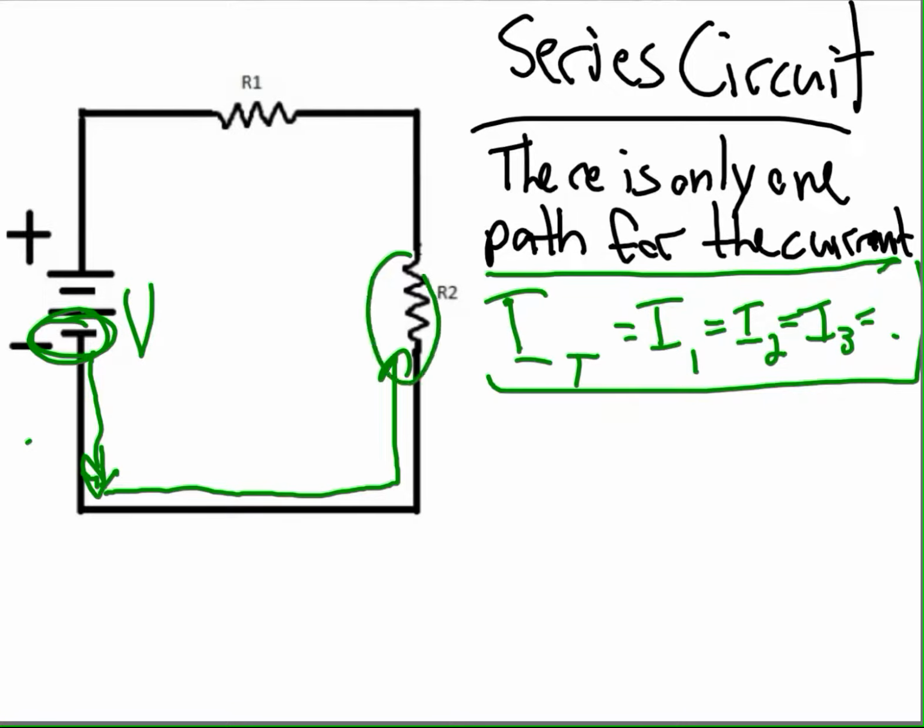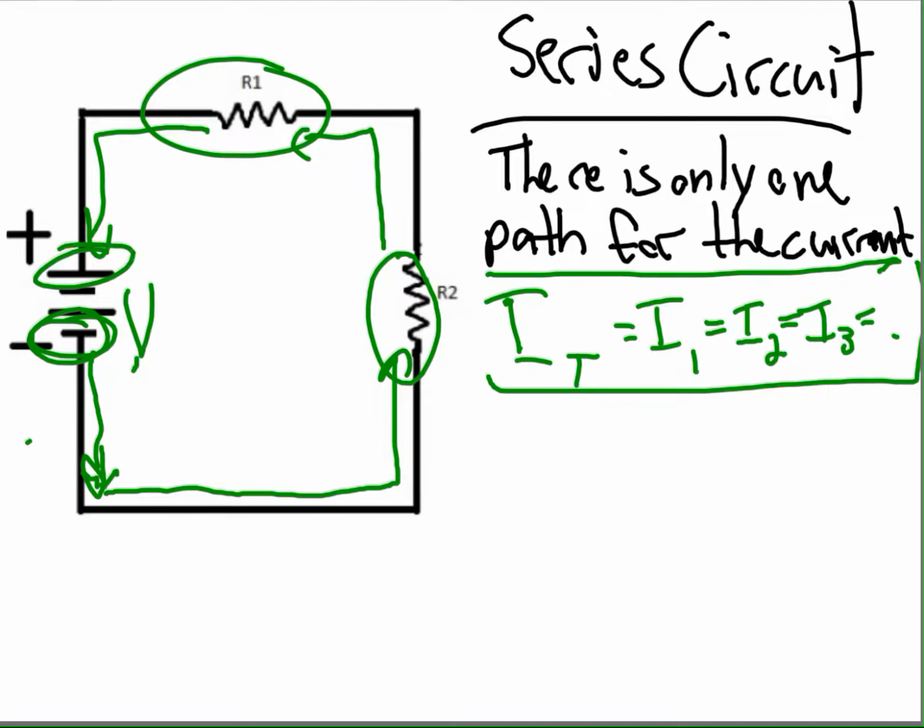Now, there are really only 2 barriers that the current runs into before it gets here. And if it came out with V, it has to have 0 V by the time it gets back to the other side of the battery, which means it has to lose all of its voltage over just these 2 items.